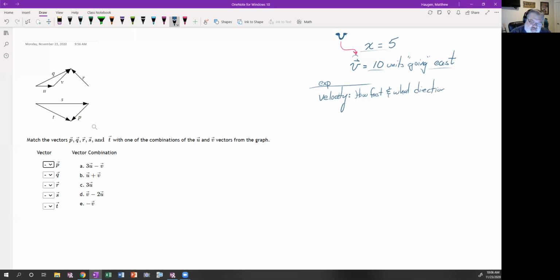Versus talking about speed, where speed is just how fast. Fair.